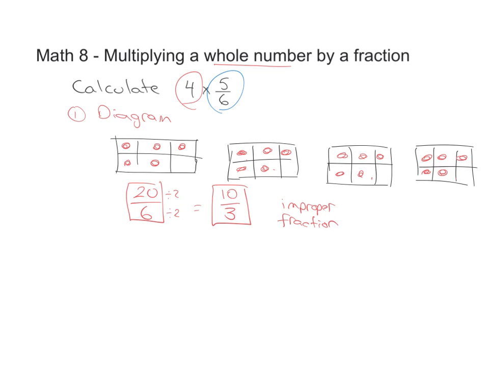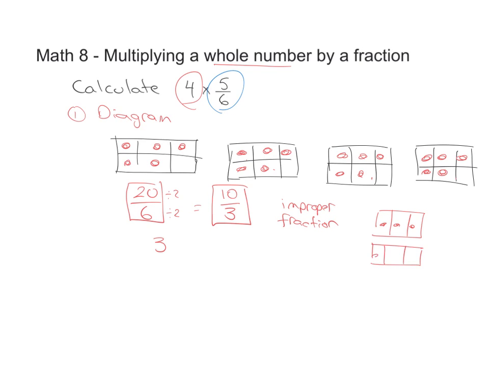Sometimes it's nicer to put things in a mixed fraction. So we've got 10 thirds. One whole is 3 out of 3. So therefore you can see we would have 3 wholes, because if each one of these has 3, that would make 1 whole.